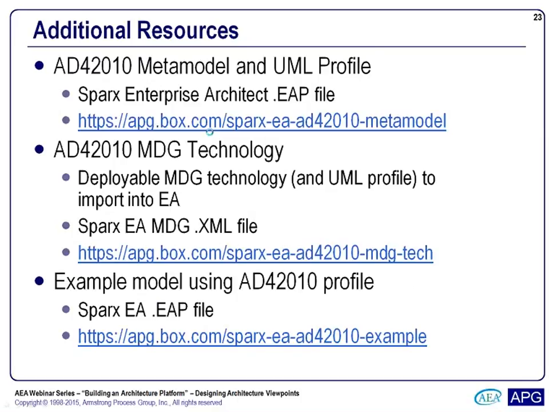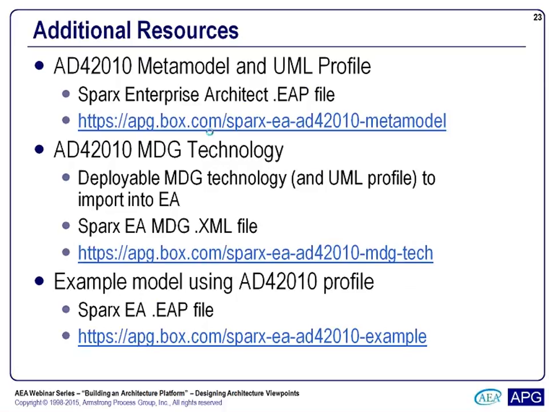A lot of the information, some of the stuff that you saw in the presentation, is available online if you're interested to go inspect it directly. The actual Metamodel of 4210 and the associated UML profile is something you can go take a look at. The actual MDG technology that was built off of that, which is packaged as an XML file, is also available.